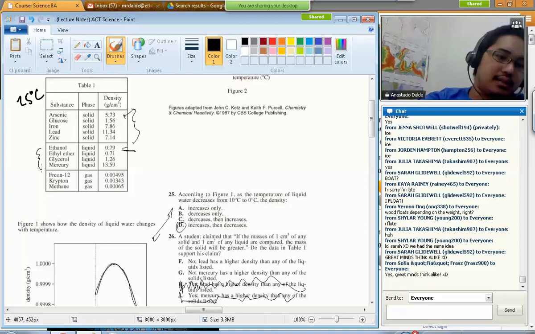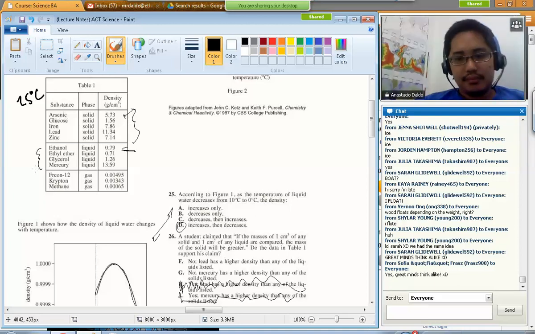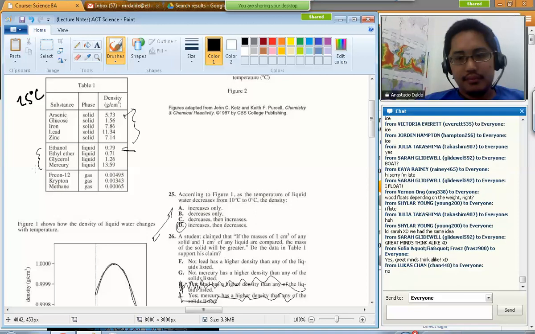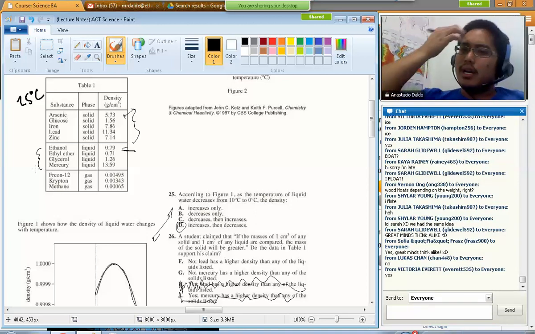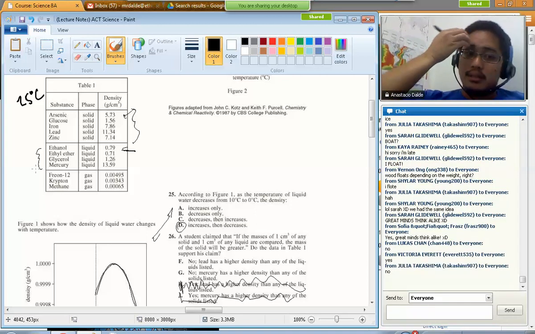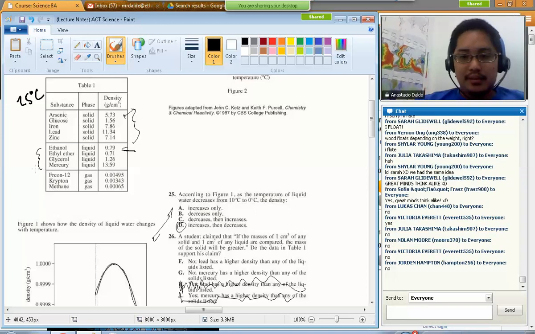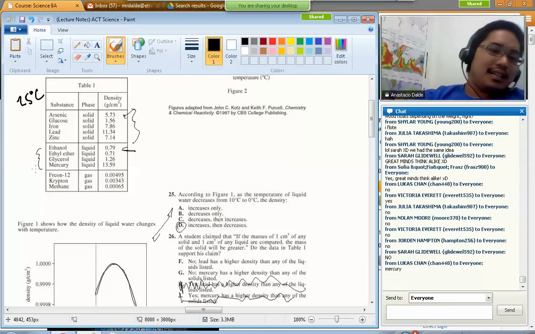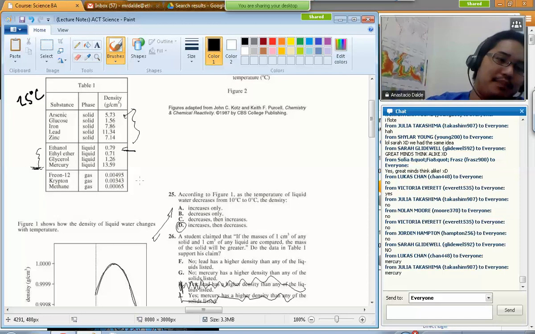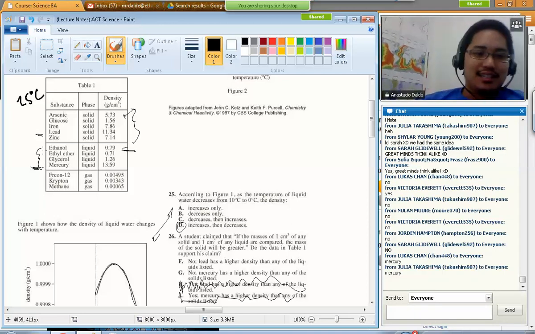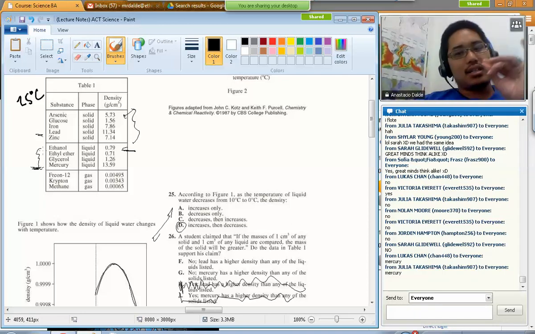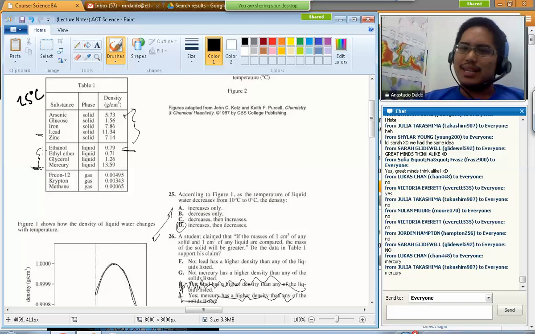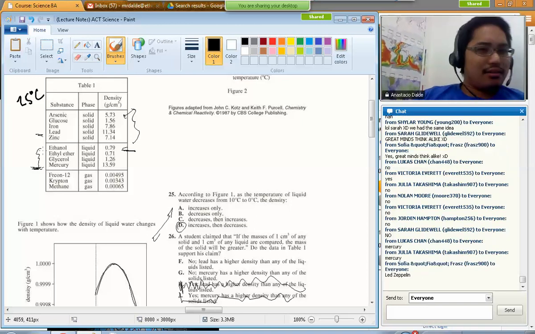See these liquids? No, and why not? Because of mercury. Mercury is the king. Mercury actually beats out lead. Mercury is denser than lead. Isn't that crazy?